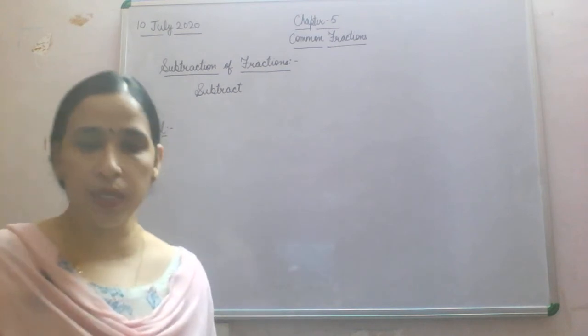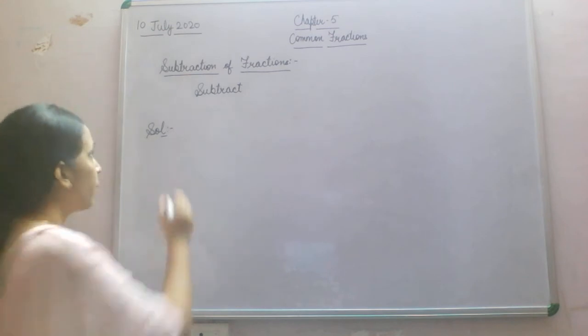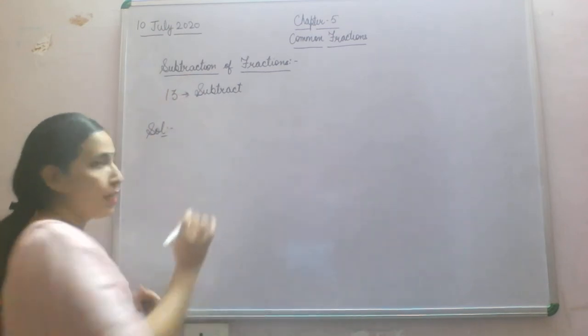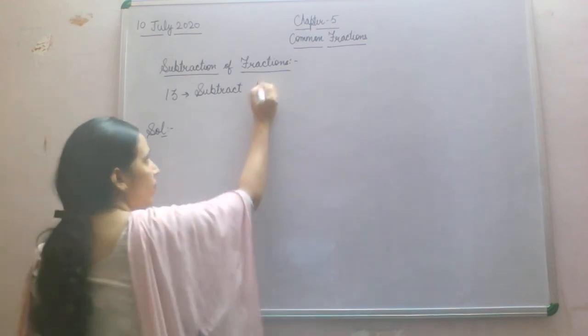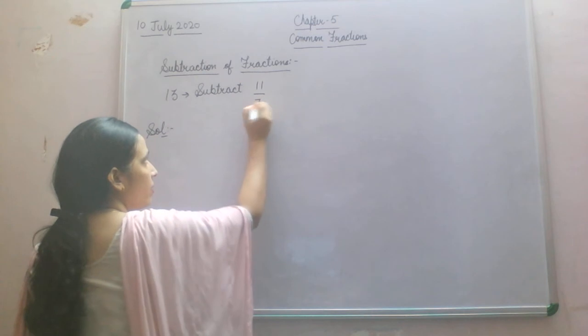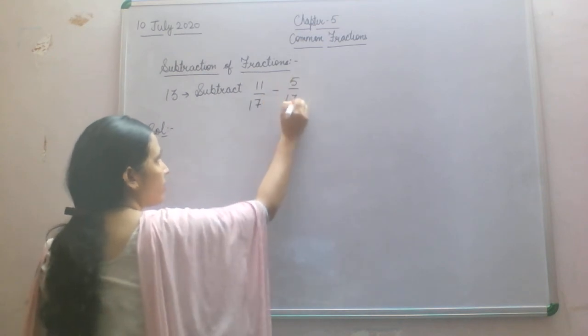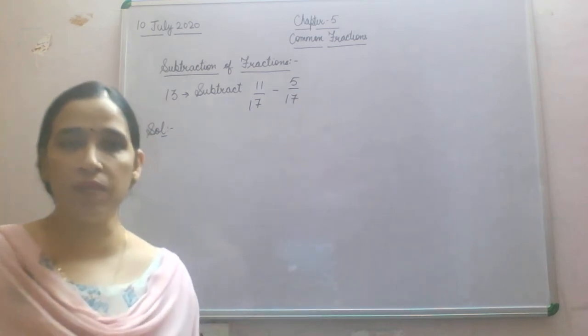What is the question here? Subtract 11 by 17 minus 5 by 17. Question number 13 is in your book, in exercise 5.4. Subtract 11 by 17 minus 5 by 17.